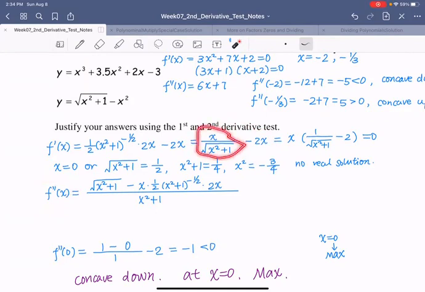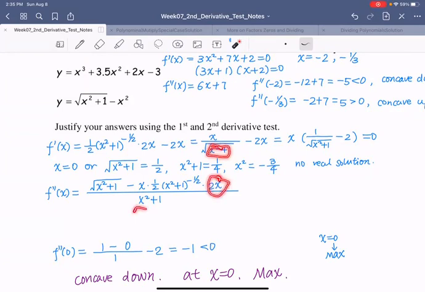This guy's derivative, using the quotient rule: top one's derivative is 1 times the bottom one, copy down that, minus the top one, copy down, the bottom one's derivative, which is 1/2 times this guy to the power of 1/2 minus 1, which is -1/2, and then times this guy's derivative, which is 2x.